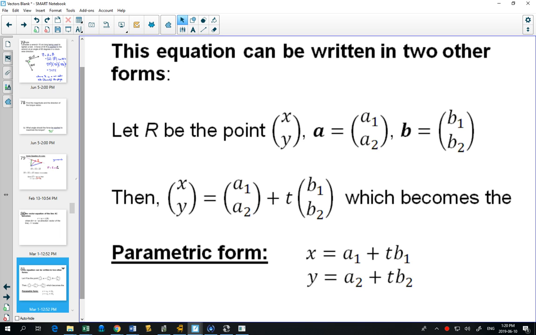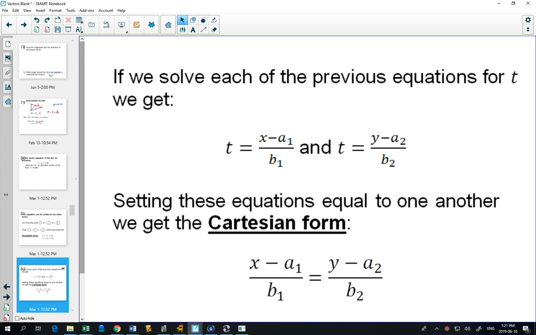The parametric form just looks at the components separately. So what are our x coordinates? Well, they're equal to A1 plus the scalar t times B1. And our y coordinate is A2 plus our scalar times B2. If you take your parametric equation, you could rearrange it to get t by itself.